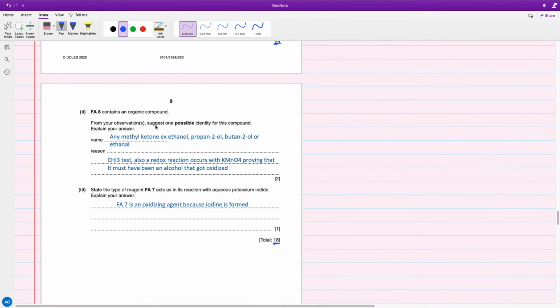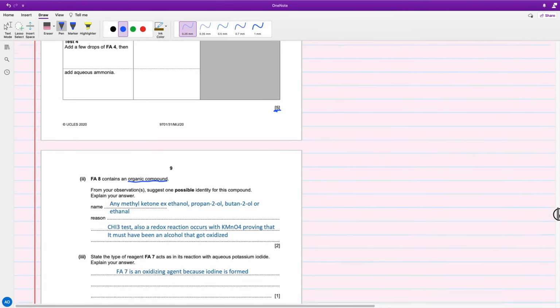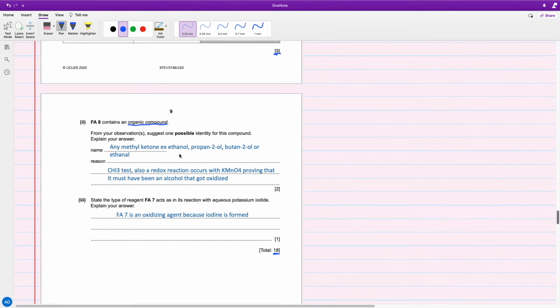Now, from our observation, suggest one possible identity for this compound. FA is an organic compound. So if you go here in test 3, it's the triiodomethane test, and it tests for methyl ketones. So if you notice here, you got a pale yellow precipitate. That's how you know that there's a methyl ketone present. So you can put any one of them. So you can say ethanol, propan-2-ol, butan-2-ol, or ethanol.